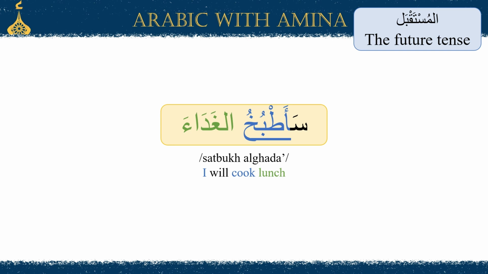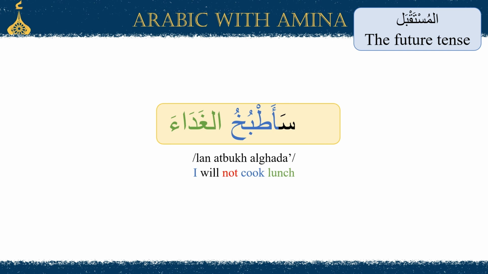There's an extra step here though. The future particle, seen, which means will, is going to be removed. And then after removing the future particle, seen, we will insert the negating particle, لن. لن أطبخ الغداء. I will not cook lunch.